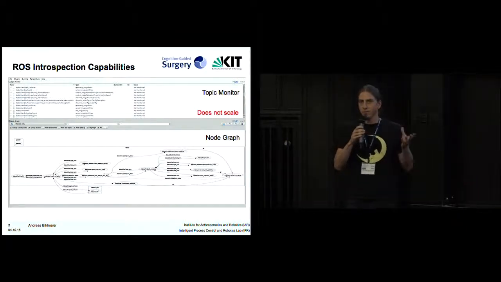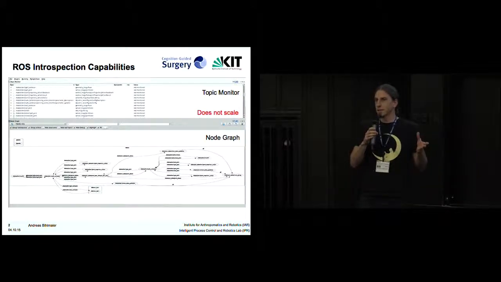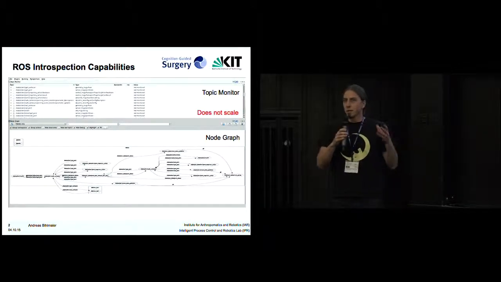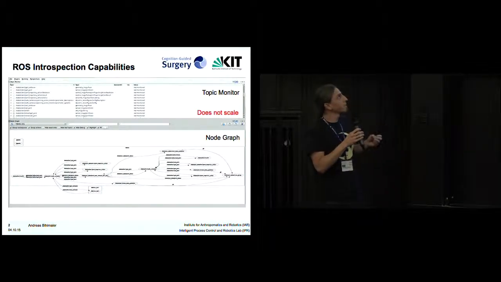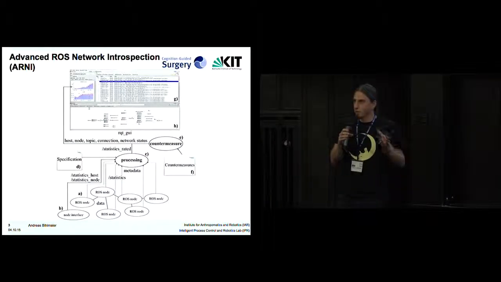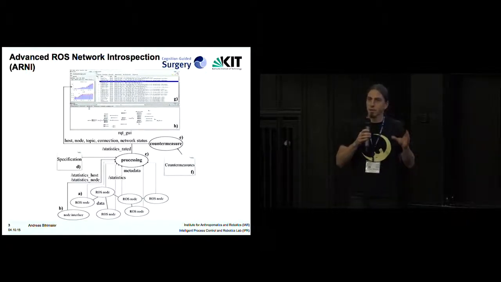So if you have like 15 machines in your lab, all running on all cores and saturating 10 gigabit Ethernet, you might run into a bottleneck if you want to get an overview by subscribing to all ROS topics on a central machine. What you can do, however, is decentrally acquire all the metadata about all the connections going on in your ROS network.